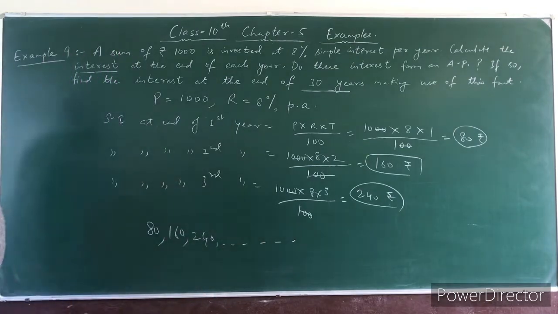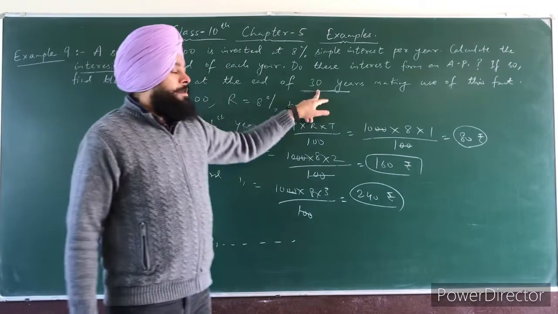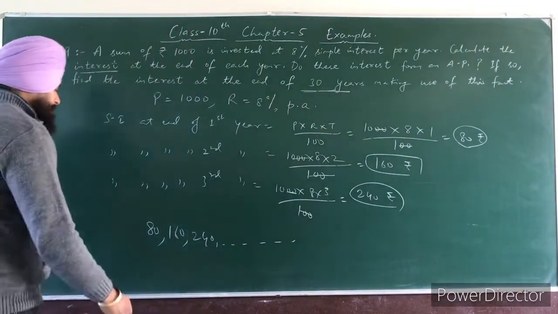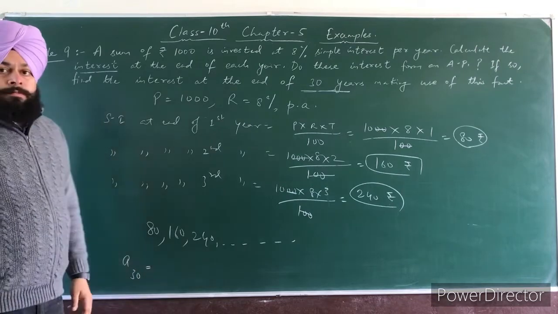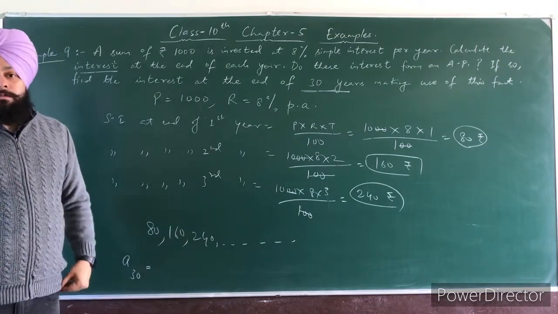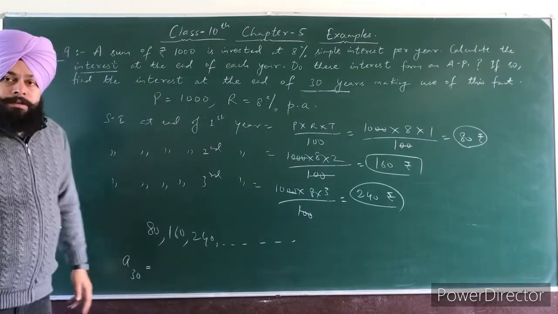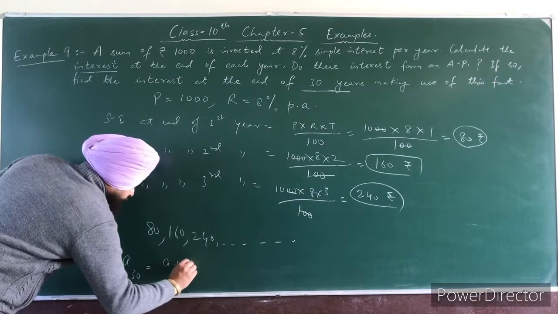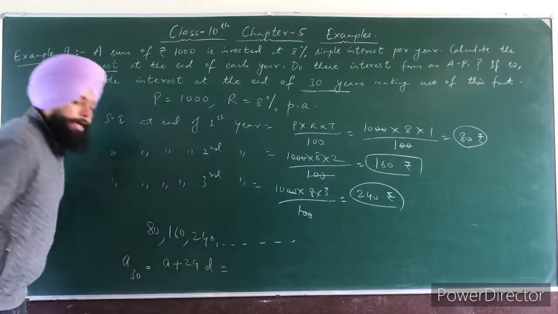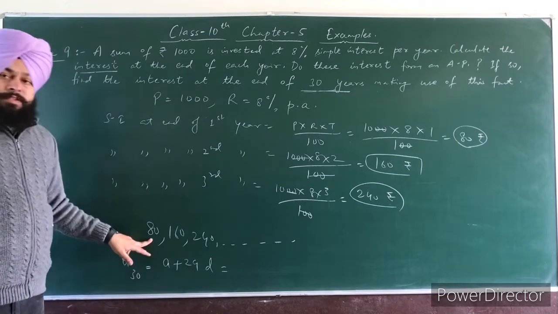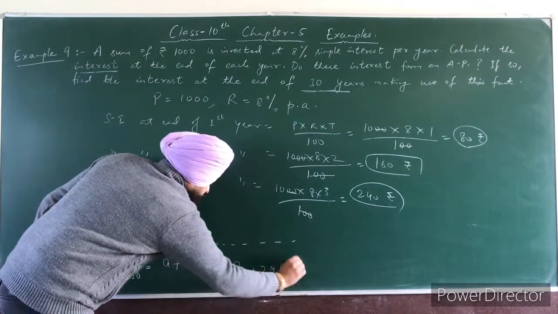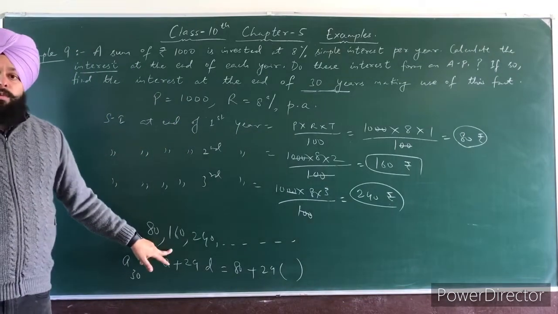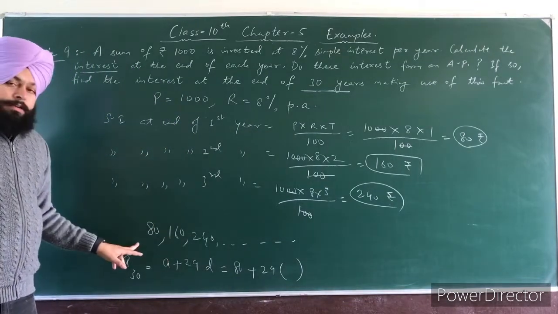So now we will find the interest at the end of 30 years. So at the end of 30 years means you will find their 30th term. It means you will find A30. So A30 is written as A plus 29d. What is A? A is the first term. The first term is 80. Now what is the common difference? Difference is again 80.